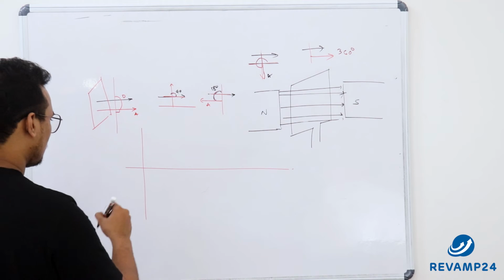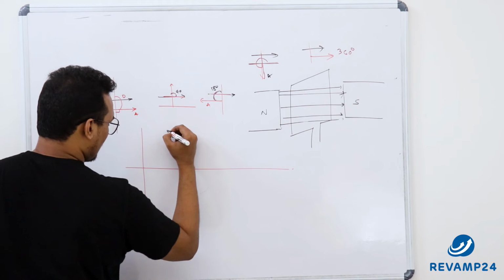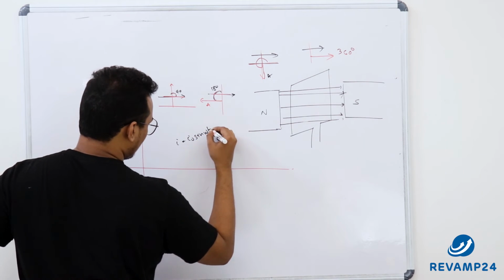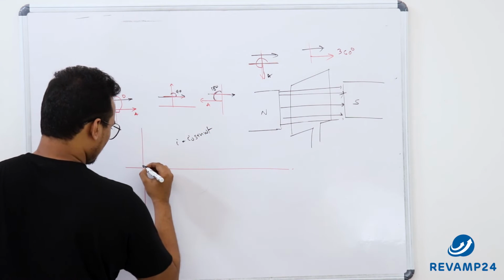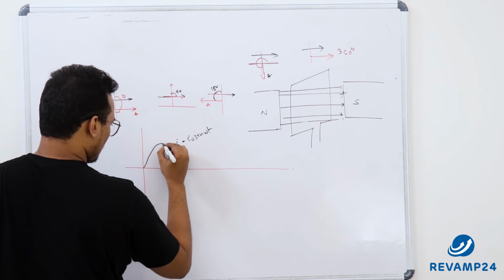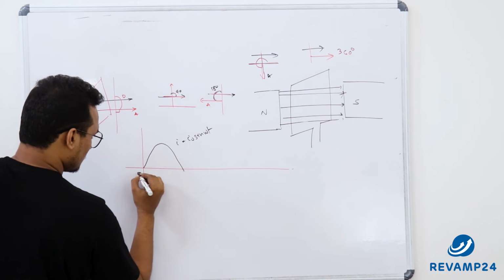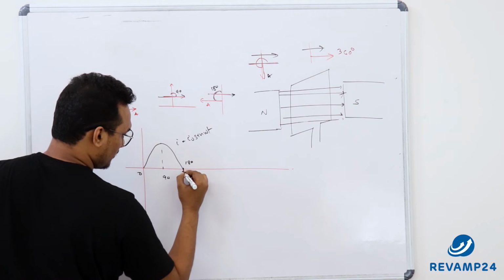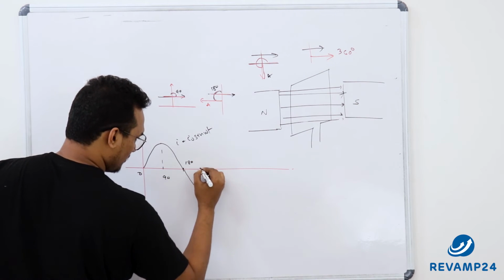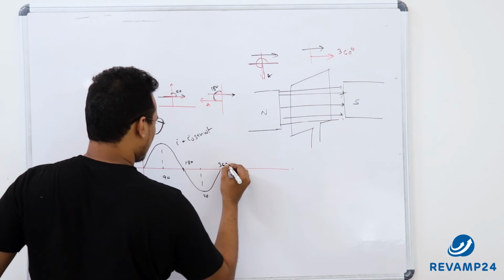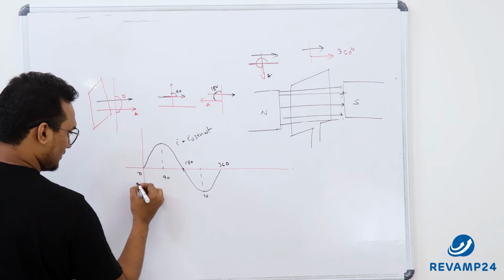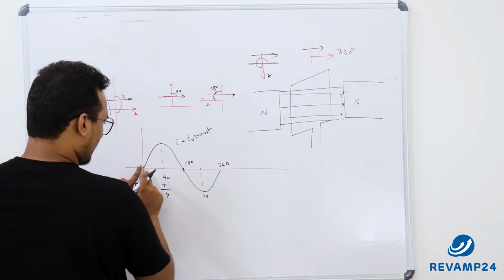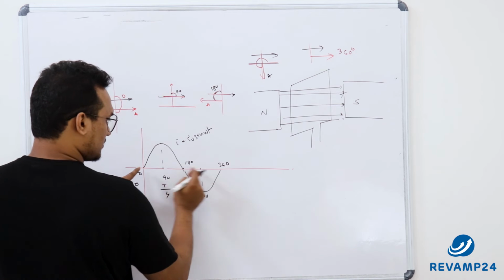So in these positions we have drawn the current I equals I0 sin omega t, starting from position 0, then 90, 180, 270, and 360. So I can say this is 0, T by 4, which is 1 quarter of the total time period, and the four portions make the whole time period.